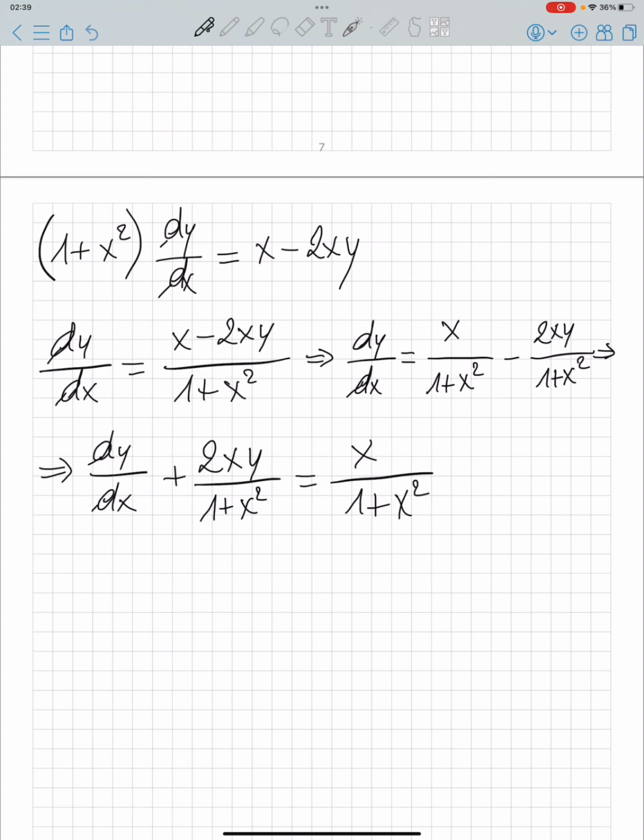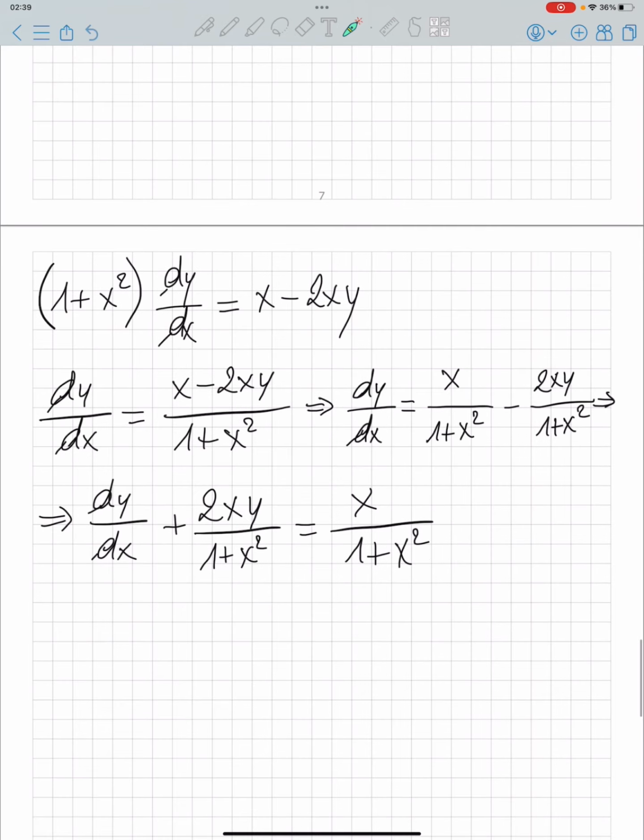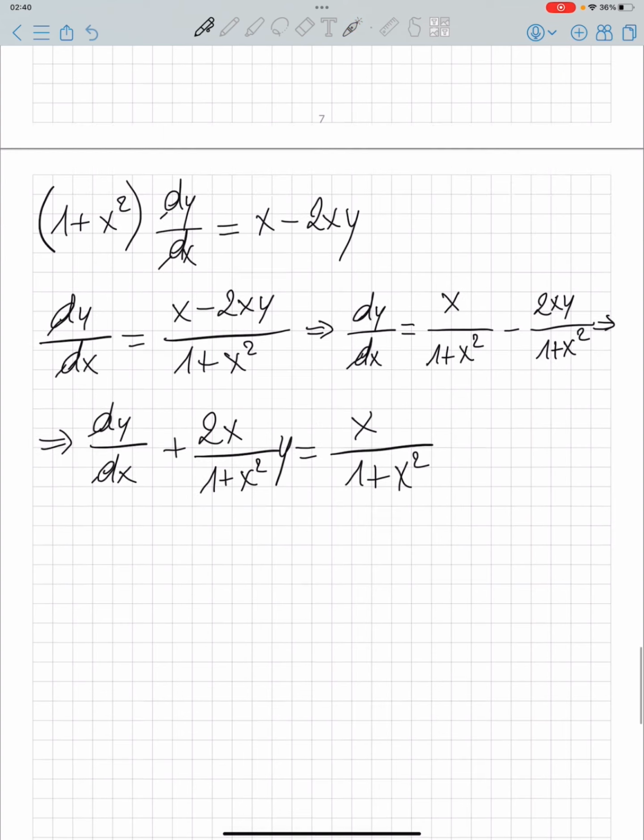As you can see, we have the standard form that we wanted, which is dy/dx, then a function and another function here, right? So basically this y, we can write it here to see it clearly, right?